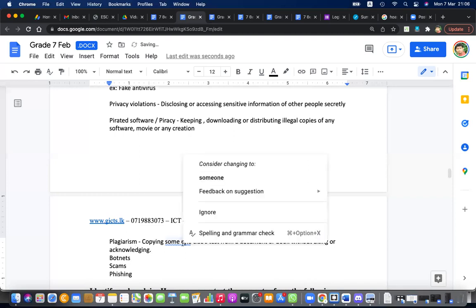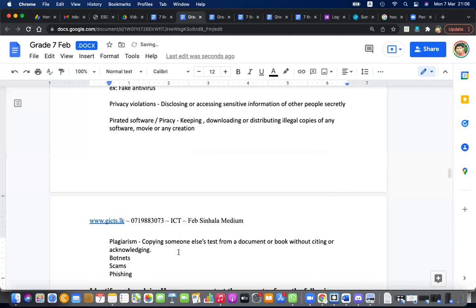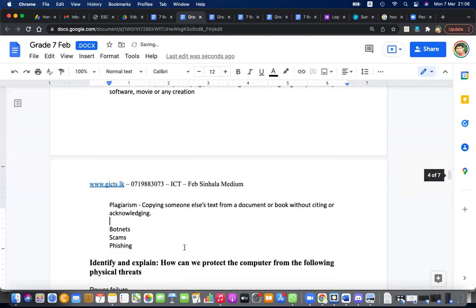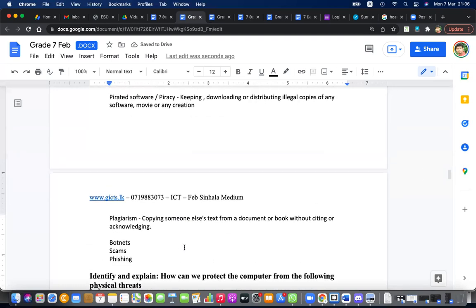If you take someone else's text from a book, that is not quoting, that is copying.